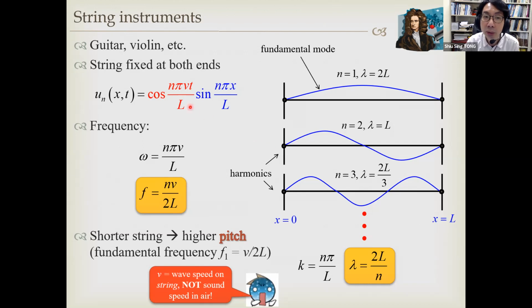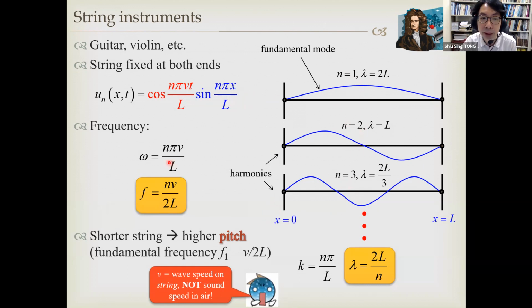The angular frequency is n pi v over L, while the wave number is n pi over L. They are both proportional to the integer n, so with different n, you get different modes.